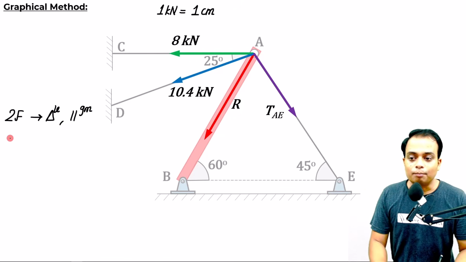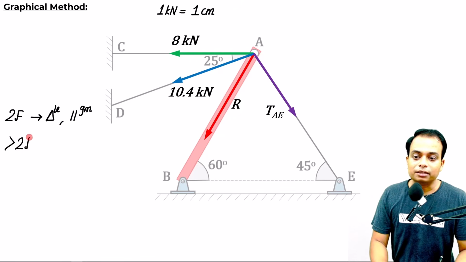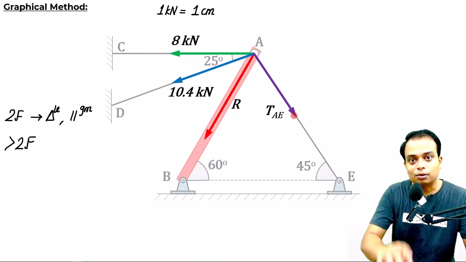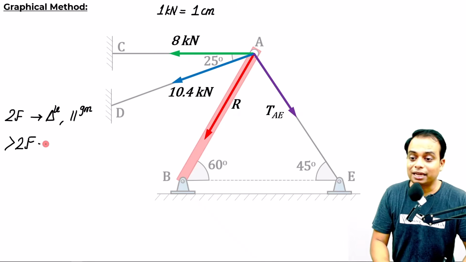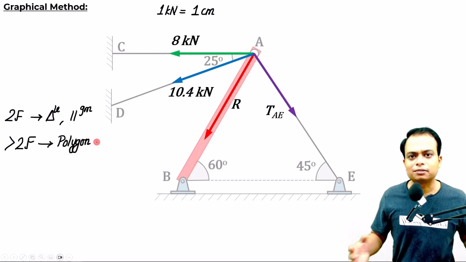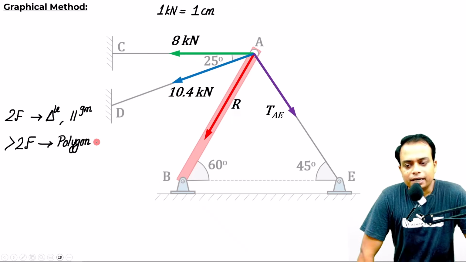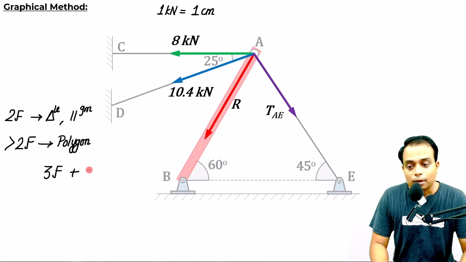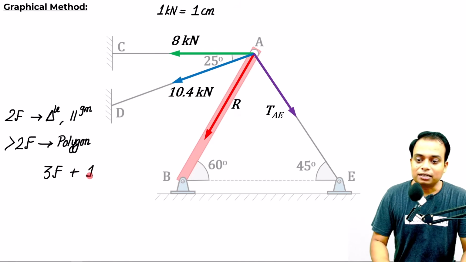However, if there are more than two forces, in this case, you have as many as three forces, out of which one is unknown. In such cases, you have to go for the polygon law of vector addition. That is graphically, right? So how many forces do we have? Sir, we have three forces. Now these three forces will get you one resultant.